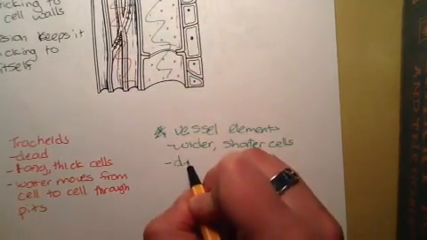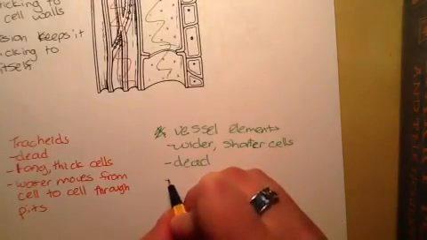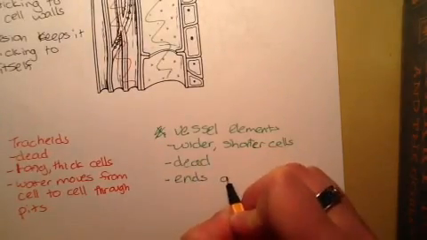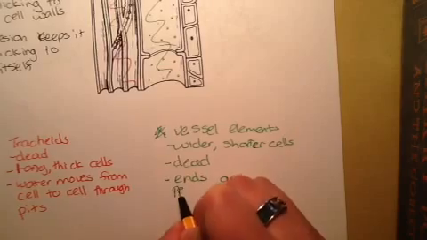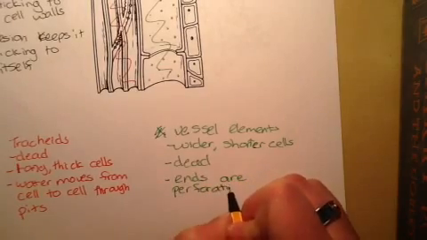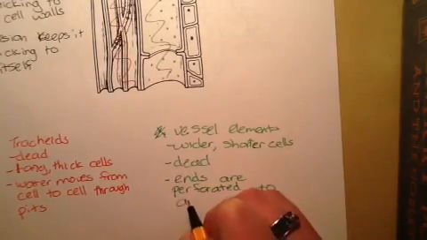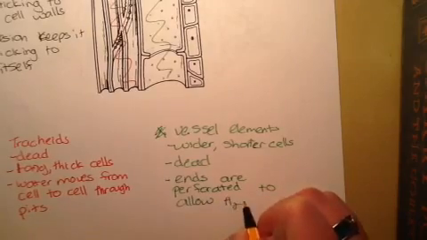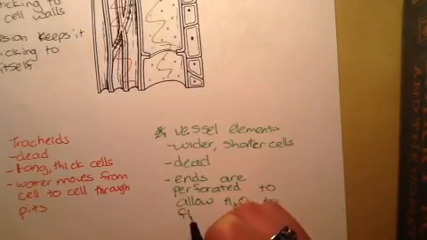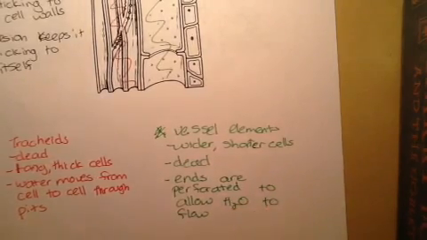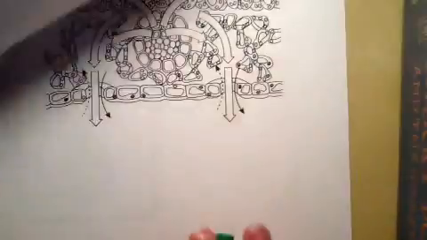These are also dead, just to remind ourselves. So the ends are perforated, or have holes in them, to allow water to flow. Okay, so just because of cohesion and adhesion, water is going to get pulled up the stem.